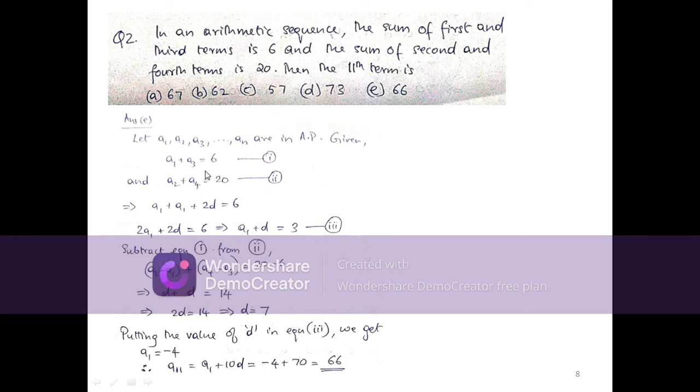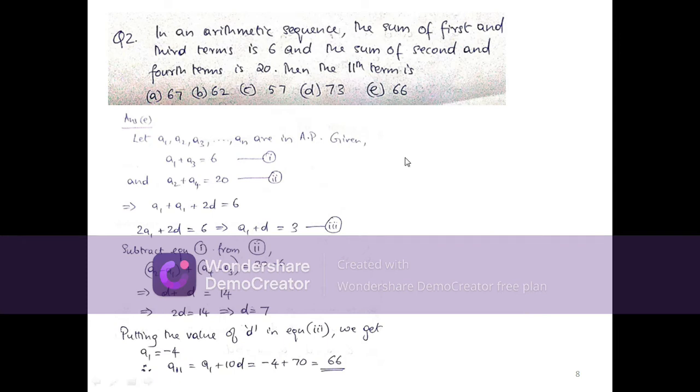Now we have got the terms. The sum of the first and third term is 6, and the second and fourth term is 20. Now what was a3? That is a1 plus 2d. a2 equals a1 plus d. a4 equals a1 plus 3d. Okay, so you have all those terms.